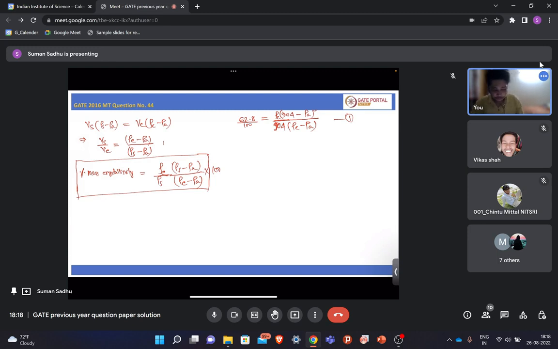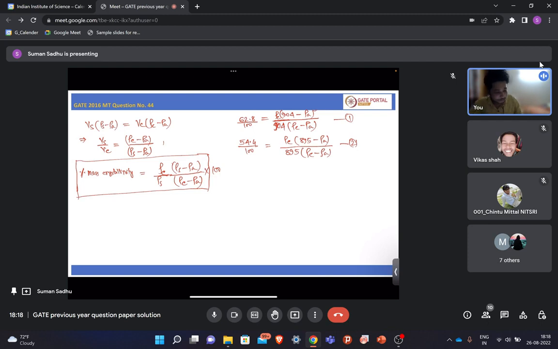So from the second equation we get 54.4 by 100 is equal to rho C into 895 minus rho A divided by 895 into rho C minus rho A. This is equation 2.